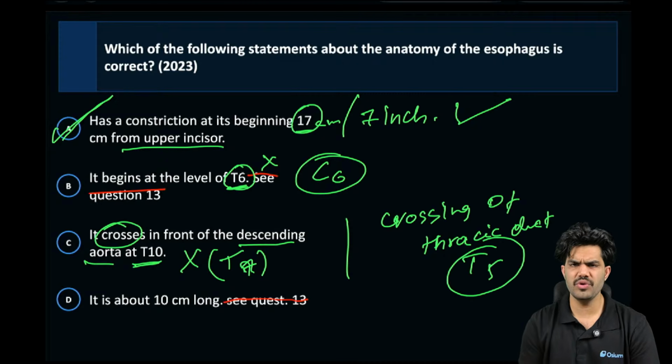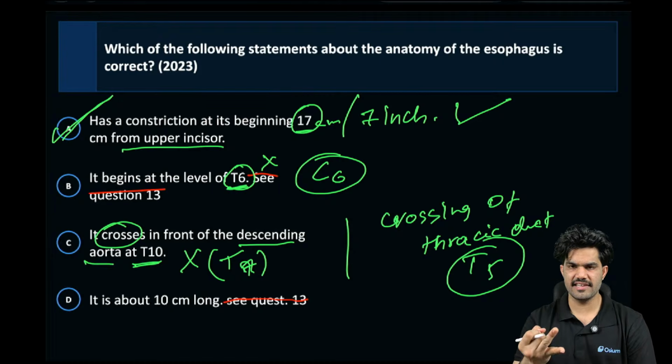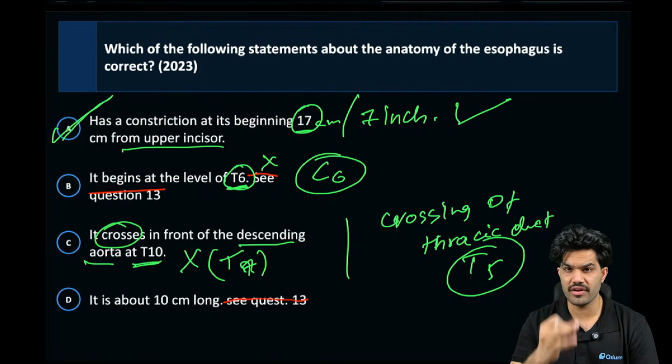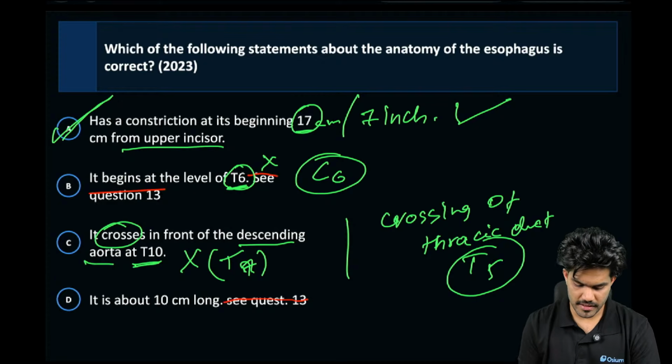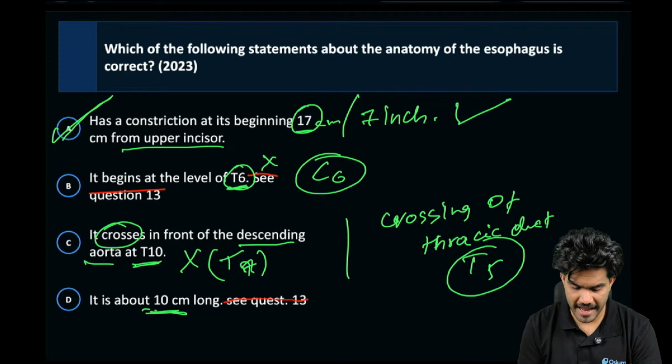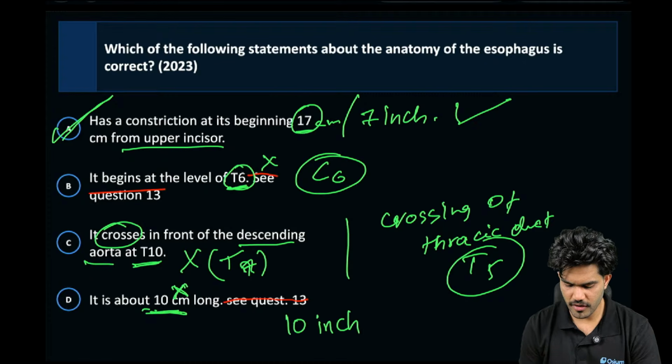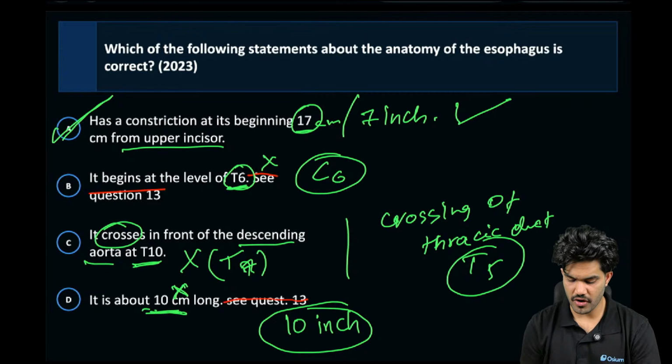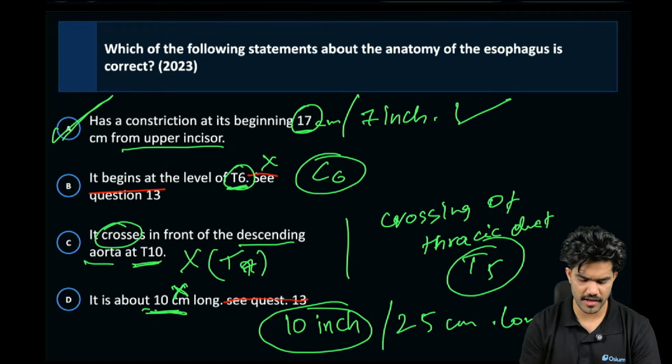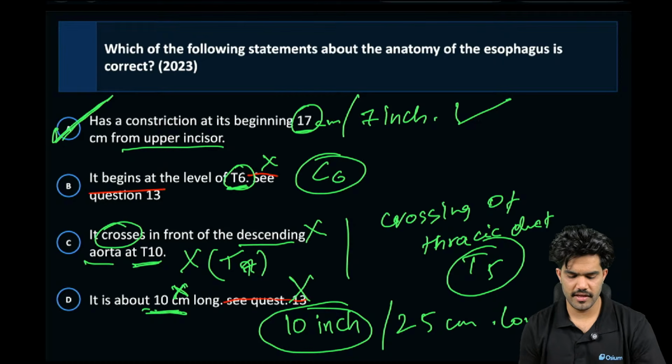I have told you, relations and sides are very important in 104 or cardiopulmonary module. It is about 10 centimeter? No, in centimeters they are making a mess. It is how many? 10 inch or 25 centimeter long esophagus. So this will be the wrong answer. Correct answer will be A.